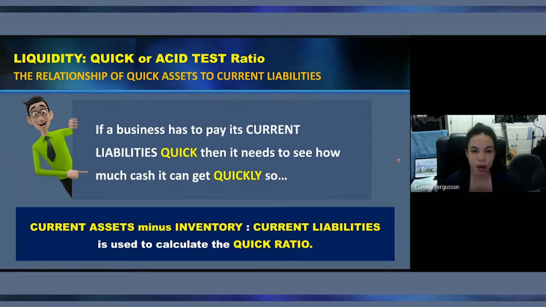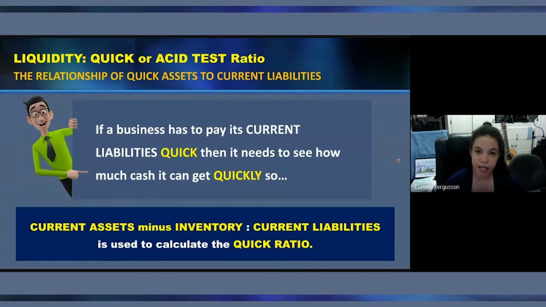Now, if you remember, you have four current assets, in order of the least liquid to the most liquid. Cash is always your most liquid because liquidity is about converting your assets into cash, and cash is already cash. So you can't get more liquid than cash. So what you're looking at is how many quick assets, or most liquid assets, you have.